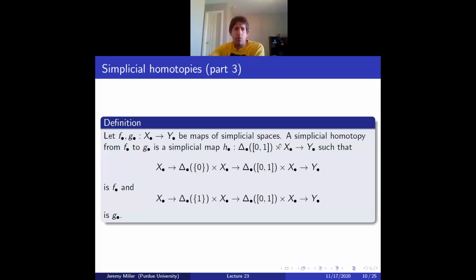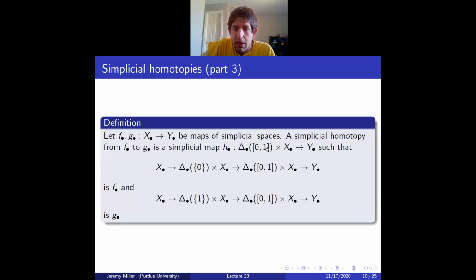Okay, so maybe the more conceptual definition is a simplicial homotopy from F to G is a simplicial map from X across our simplicial model of the interval. So 0, 1 has a natural simplicial complex structure. Turn it into a simplicial set. Take the level-wise product.